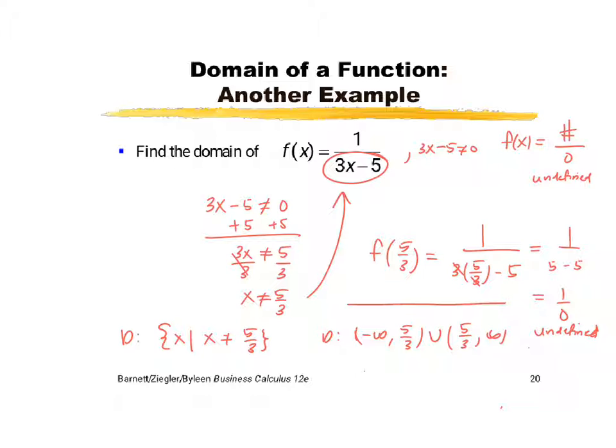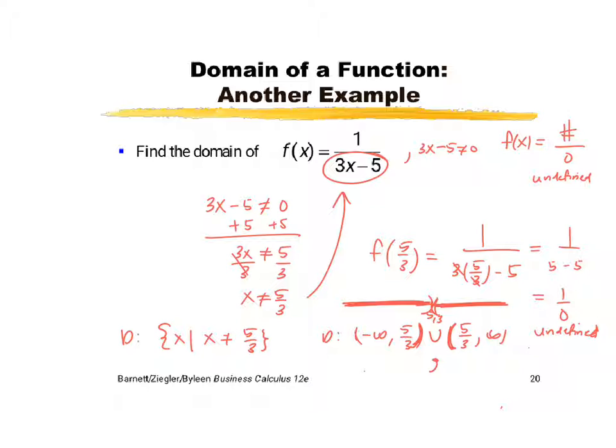If you were to sketch this on a number line and say this point represented 5/3, we can say everything up to 5/3, not including it, and beyond 5/3, and we'll exclude it with the parentheses. So the parentheses here must be drawn, and then we unify them with the union, or you can do a comma.